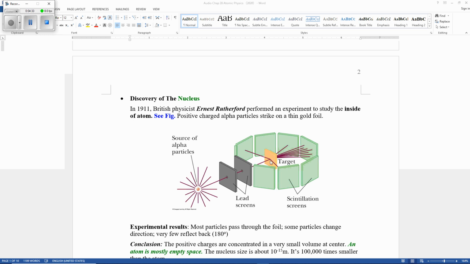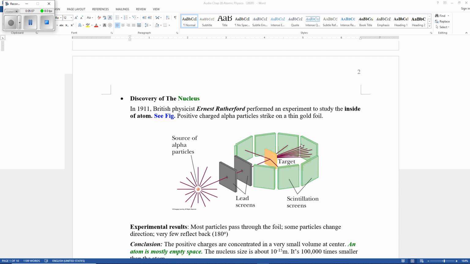He used gold as the target, a very thin foil, very small in size. He wanted to see what happens. The green ones are detectors all around. He found that when the positively charged alpha particles strike the target, most of them pass through, and you can measure the signal around this area.